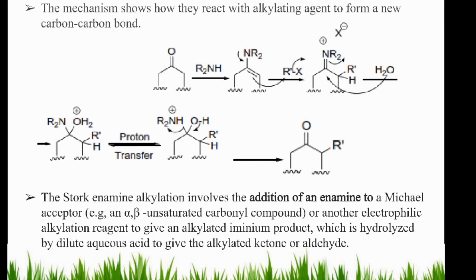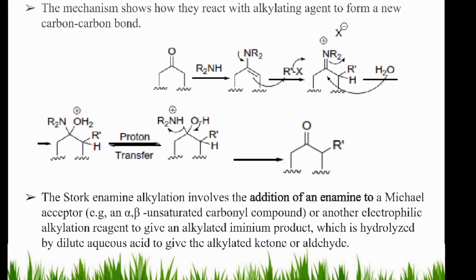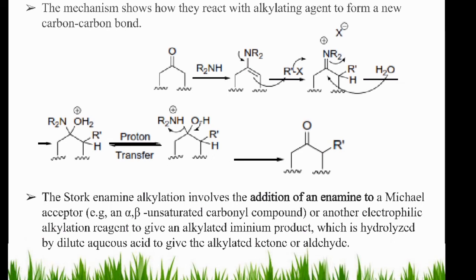And once the third compound is formed, then the last step is it goes for hydrolysis and reforms the carbonyl by hydrolysis. So actually this part, even the proton transfer is a part of hydrolysis. Then finally the compound will be getting formed.